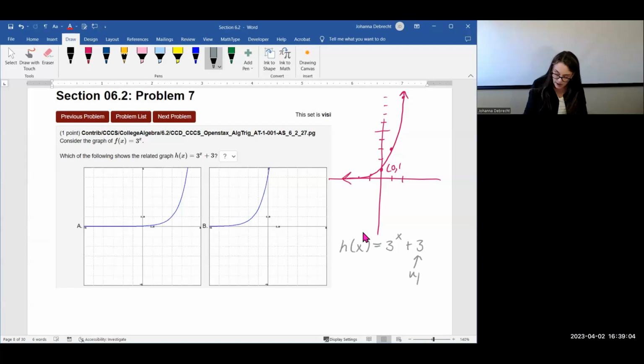This means it went up 3, which means that instead of crossing at 0, 1, it should cross at 0, 4. All right. And then instead of having y equals 0 as the horizontal asymptote, it should shift up 3. And so it should be at y equals 3. So I should basically have the same graph.